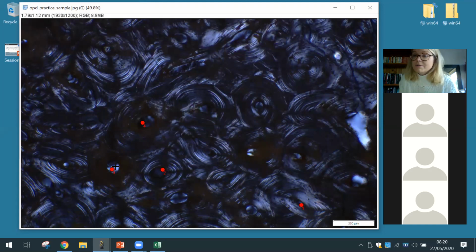The other thing I should mention is that when you're writing this up, let's say for a publication, it would be very important for you to specify what the criteria of your image analysis actually were. For example, did you count the osteons that were cut off by the image border?